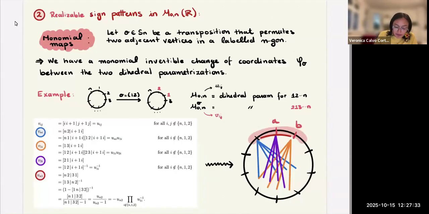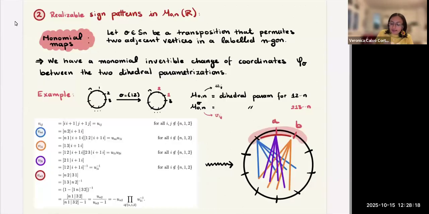If I take something that touches n, then using the cross-ratio relations, I would get that this corresponds to multiplying two of the old dihedral coordinates. Very similarly, if I choose something that goes with 1. Now, if I choose something that goes with 2, I have inverted one of the older dihedral coordinates. And if I take the very special chord 1n, I get a much more complicated expression.